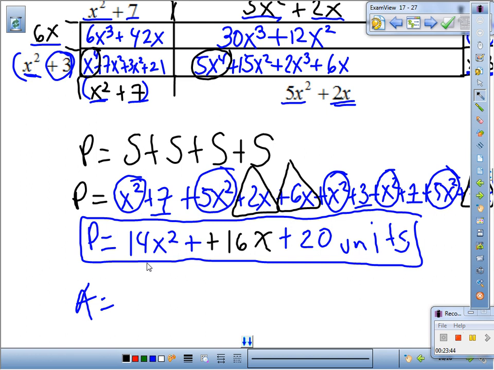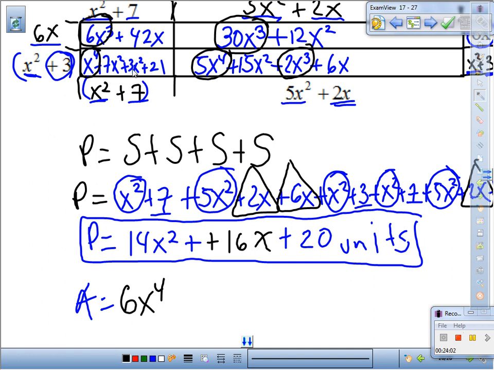So how many? 5x, 6x to the 4th. Next. What's the next degree down? 3. So we got 30 plus 2. How much is that? 32. Plus 6, 38. And is there any other? No, that's it. So that's plus 38x cubed.